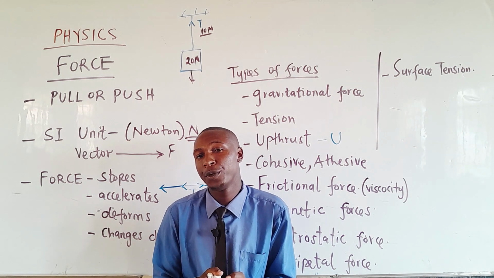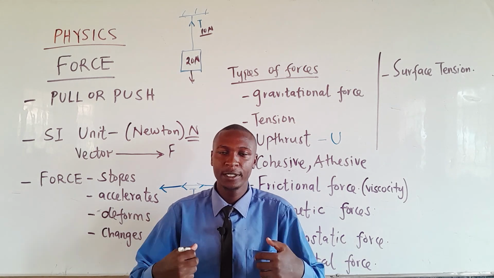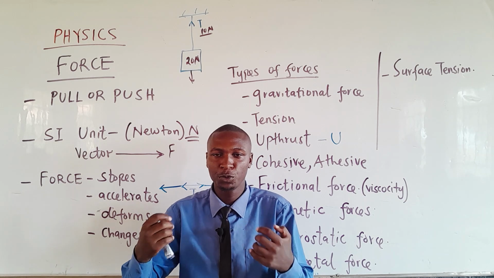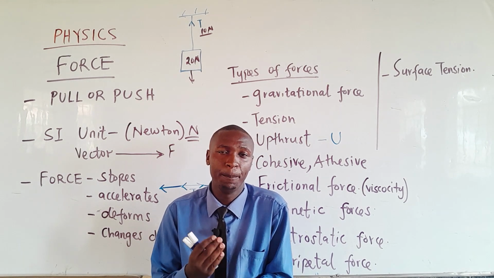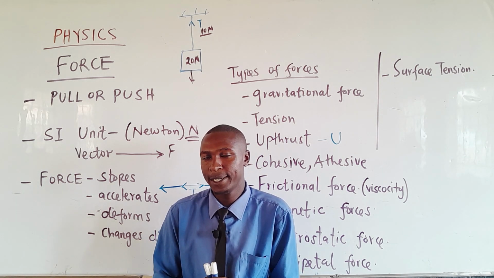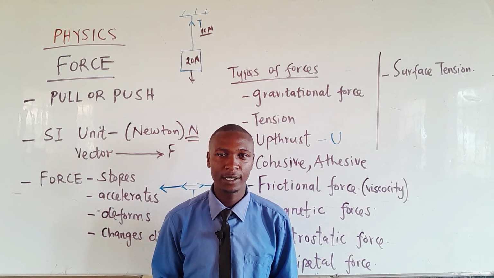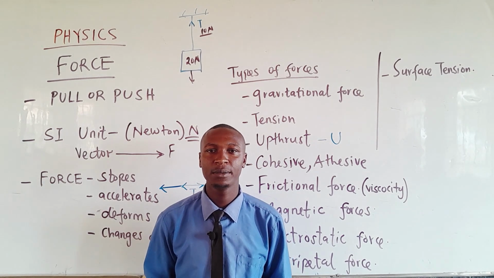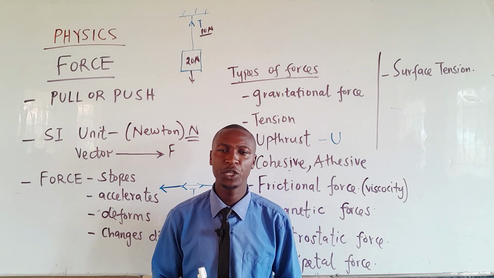For example, if you talk about water and other molecules of water, they are going to come together due to the cohesive forces, because cohesive forces mean the attraction between molecules of the same kind. When you talk about adhesive forces, then it is the opposite of the cohesive forces. Adhesive forces mean we are going to deal with the attraction between molecules of different kinds.